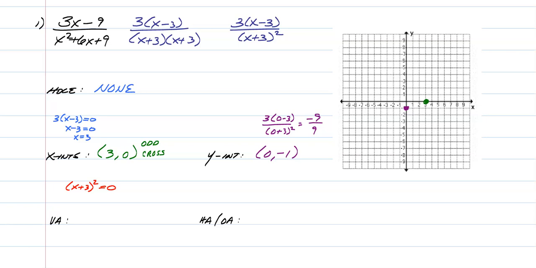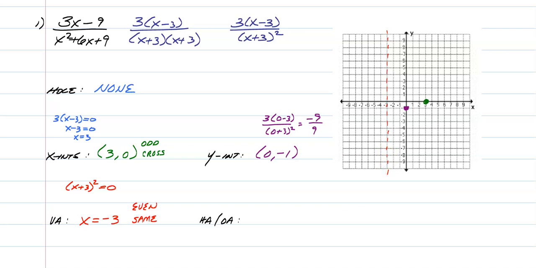Square root both sides, you still have 0, so subtract 3 from both sides, and you end up with x is equal to negative 3, which means it is even, which means they approach from the same side. And last up is, well, first we're going to go graph that. X equals negative 3. Remember, it is a vertical asymptote, so we graph a vertical dashed line.